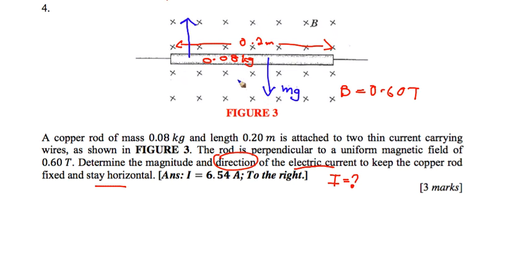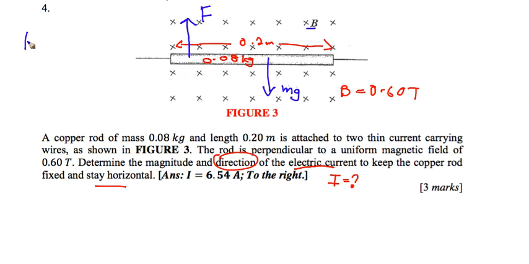So now, for a current carrying conductor in the magnetic field B, we have a force. The direction of the force must be upward. Let's say this is the force produced by the magnetic field on the current carrying conductor, right?